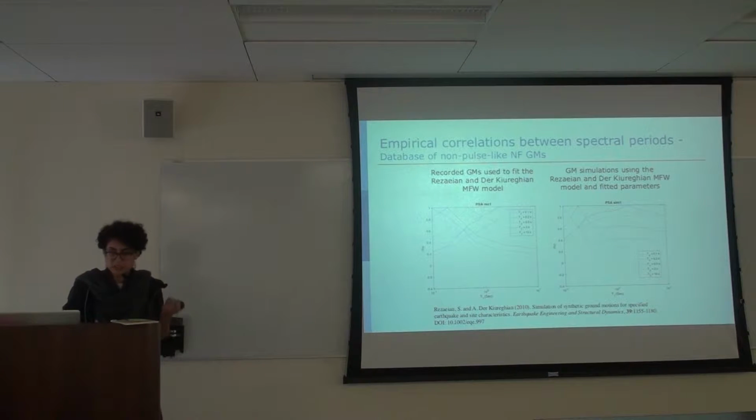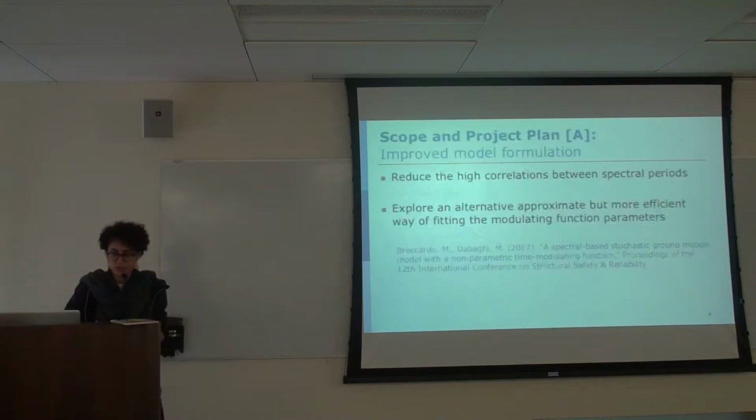So part of the scope of the current project is to improve the formulation of our model, to try to fix these problems, to reduce the high correlations between the spectral periods, and also to explore an alternative and more efficient method of fitting the modulating function.